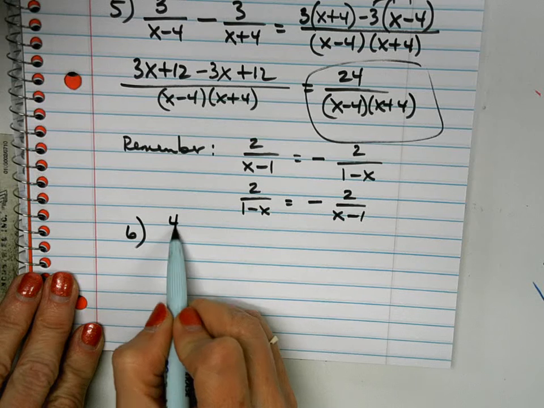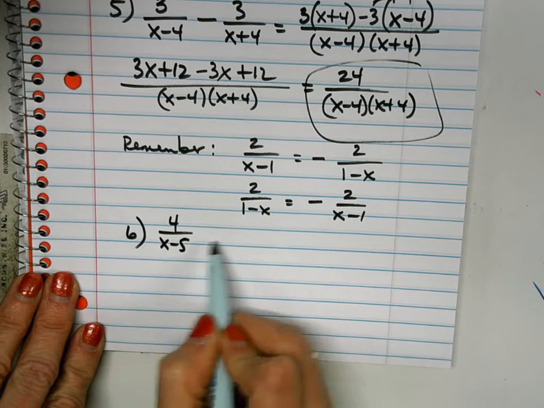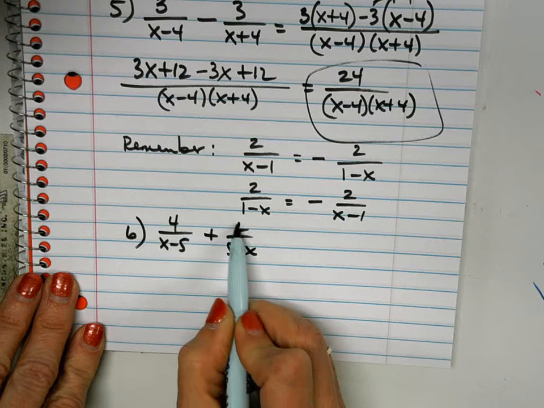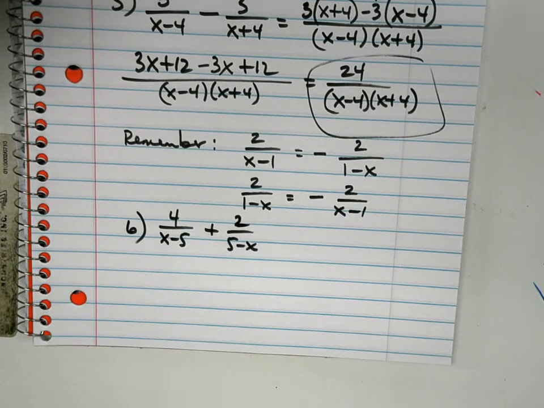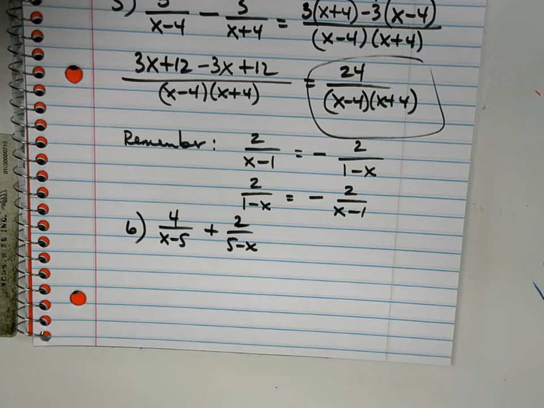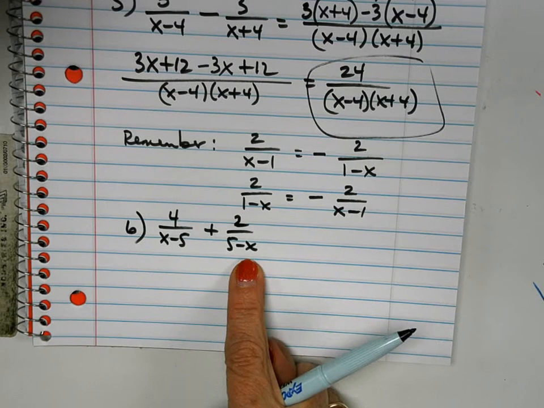4 over x minus 5 plus 2 over 5 minus x. They're almost common denominators. The only difference is they're backwards. 5 minus x and x minus 5 are opposites of each other. So if I pull out a factor of negative from either one, I like to do it from the second one, just my preference.